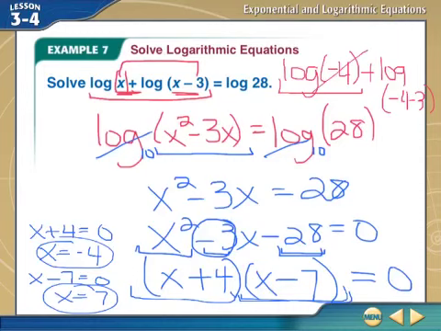So we cannot use an x value or input that is negative. It has to be greater than 0. So negative 4 is not a solution.